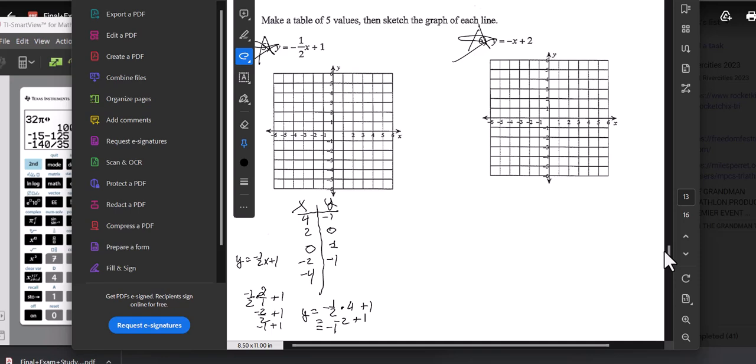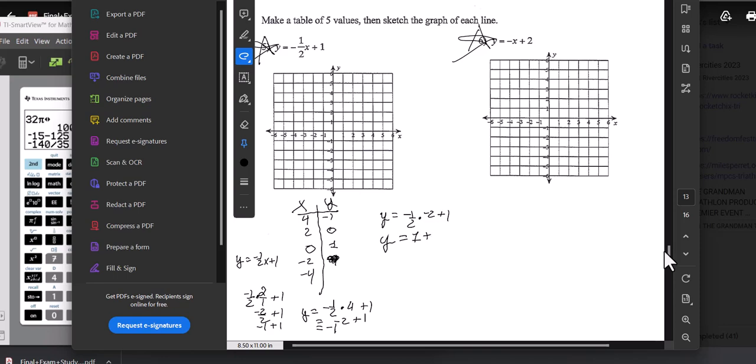That's 4, not negative 2. Okay, now I will plug negative 2 in. Y equals negative 1/2 times negative 2 plus 1. So 1/2 and 2 are reciprocals. They cancel each other out and just make 1. And notice they're both negative, so a negative times a negative is a positive.